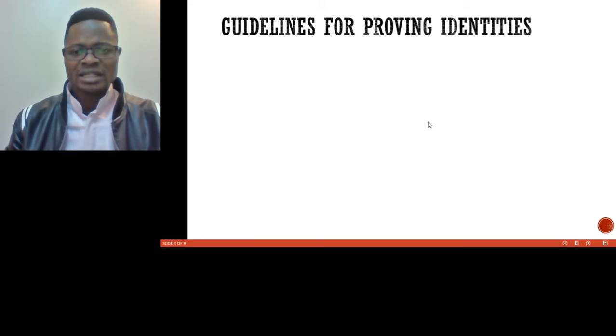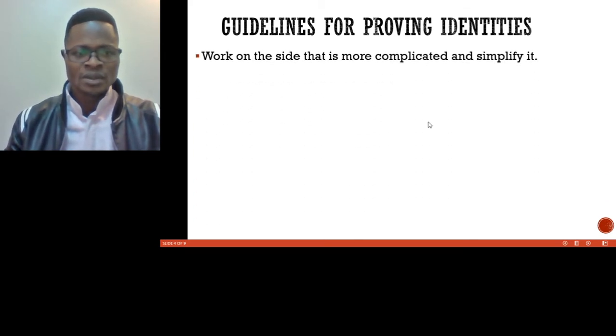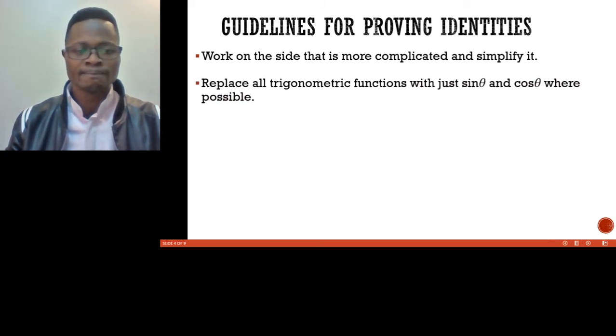These are the guidelines for proving identities. Work on the side that is more complicated and simplify it. You will be given two sides, the left-hand side and the right-hand side. So you have to work from the side that is more complicated and arrive at the other side, which is a bit easier to follow.